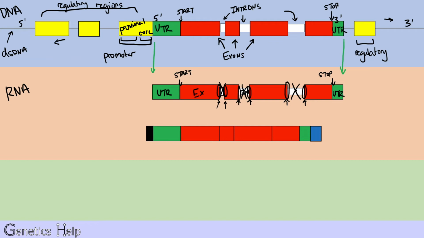Then, for stability, we add a poly A tail to the end, and we add a G cap to the front. This helps for transport outside of the nucleus, because that's where the messenger RNA is going to transport to the ribosomes for translation. So the G cap is on the 5' end, referring to guanine, and then polyadenine is going to be our poly A tail. I've got some little diagram references there. Now we have our mRNA.